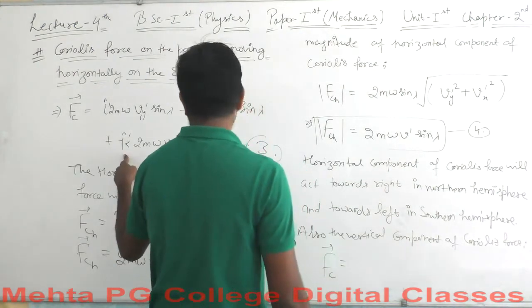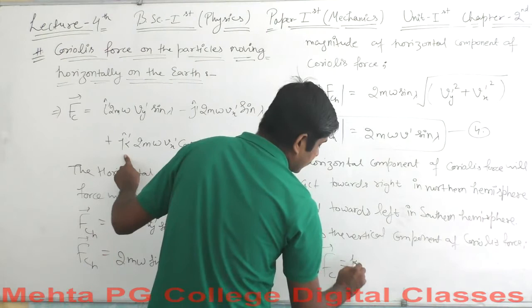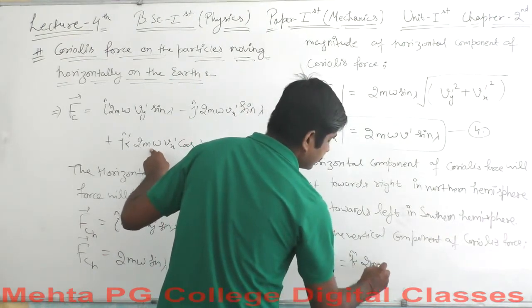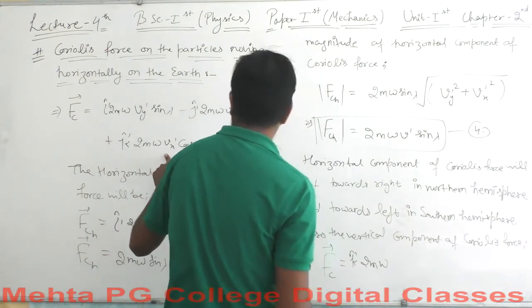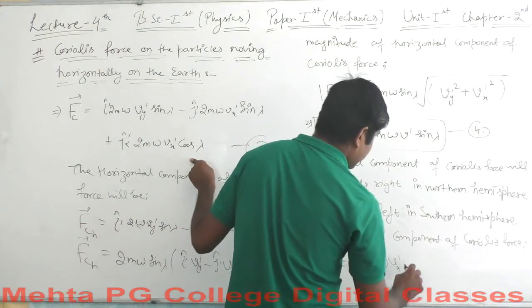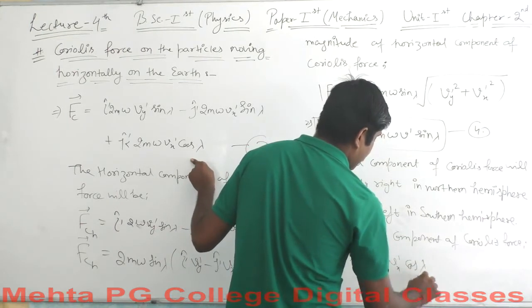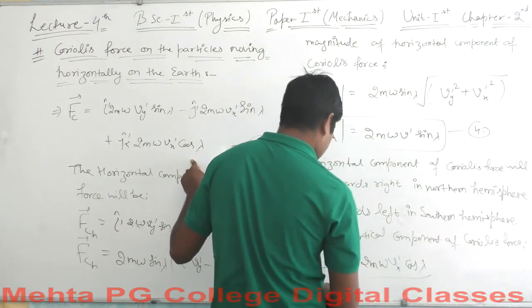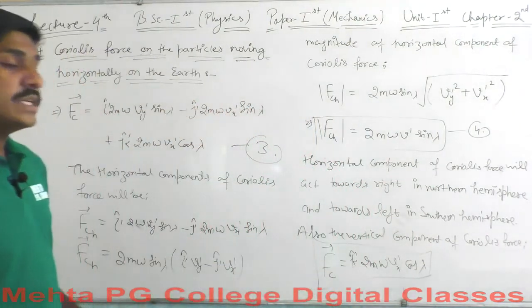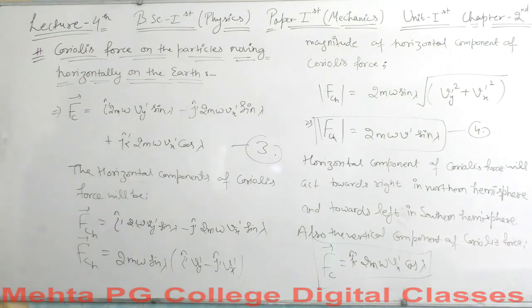The vertical component is the k dash cap direction: 2 m omega Vx dash cosine of lambda. This is the vertical component of Coriolis force. So what did you get from this equation? The vertical component of Coriolis force always acts upward in both hemispheres.